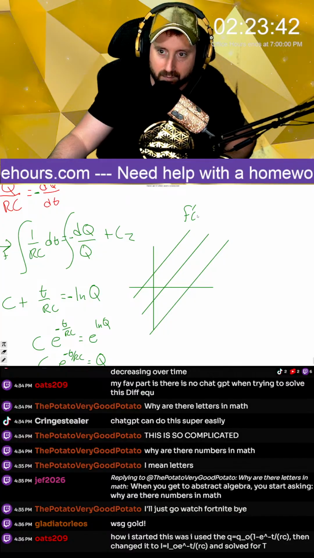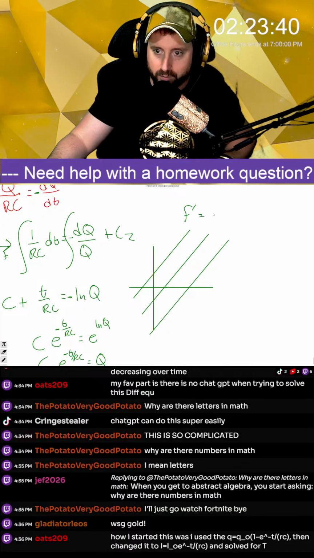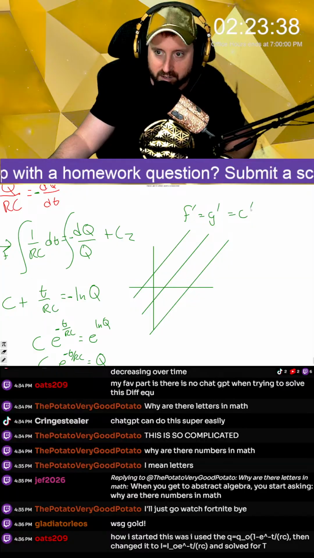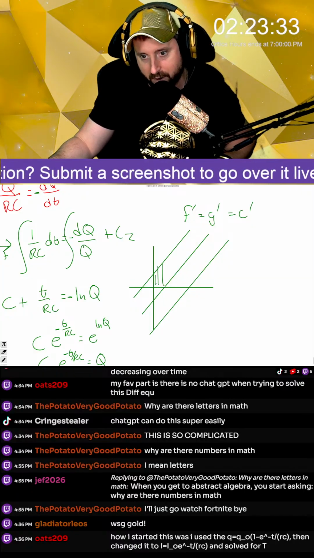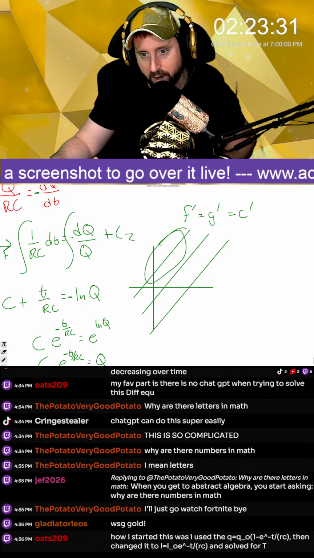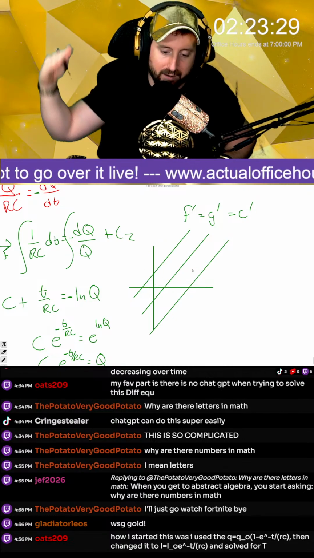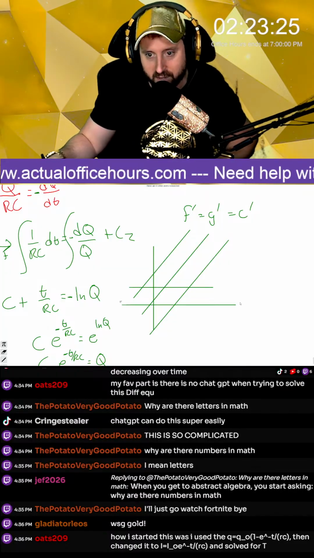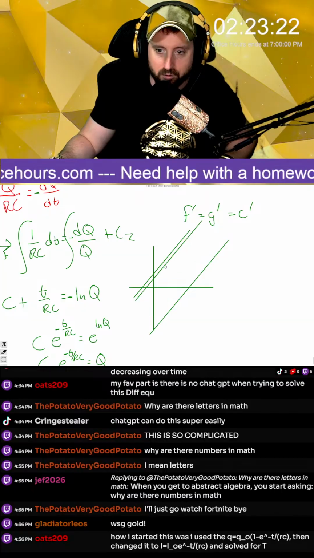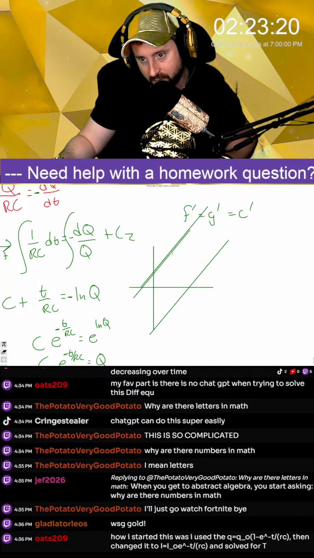This f prime is equal to this g prime is equal to this c prime, but they have very different areas if I were to add up the area underneath them, right? This would have more area, this would have less area, but the difference in the amount of area they have is a constant. It's a vertical shift. These are just shifted vertically up and down.